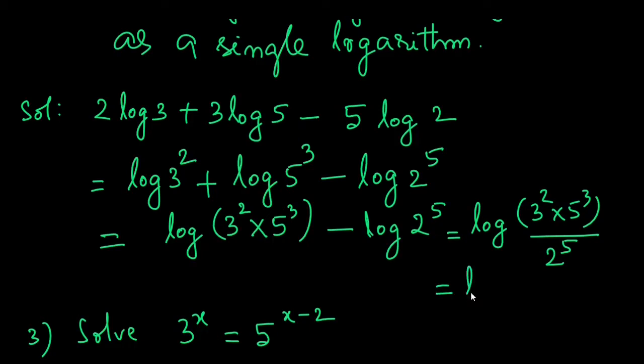This comes out to be log of 3 square means 9, 5 cubed is 125 by 32.